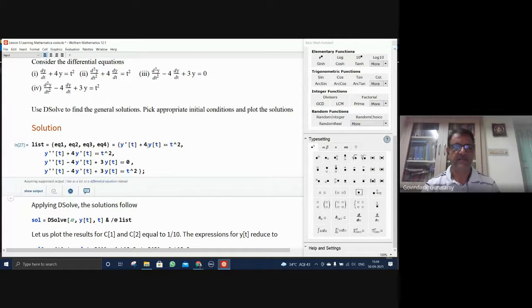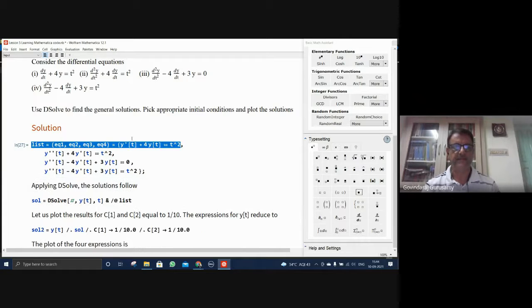Equation 1, y prime, dy by dt is y prime, plus 4yt equal to t square. First equation. Because of this list, and this is another list, this list is equated to this list. Therefore, the first one corresponds to the first equation, second one corresponds to the second equation, third one corresponds to third, fourth one corresponds to fourth. That's amazing.